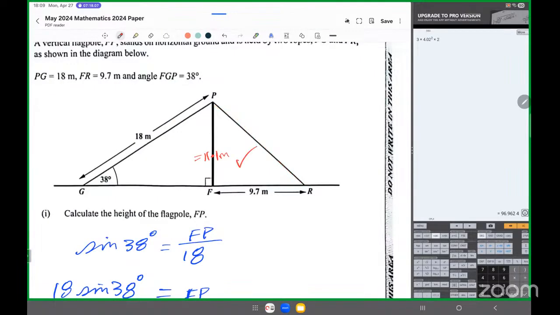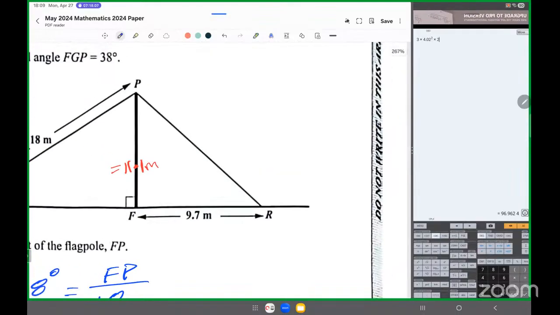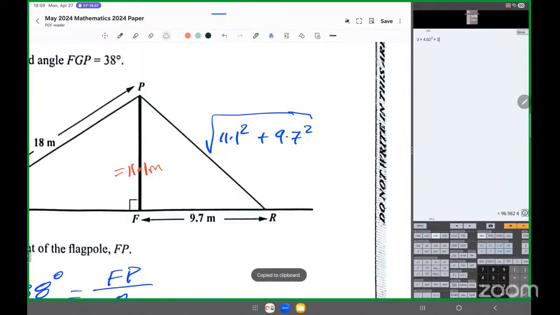It's a right angle triangle where we know two sides, so we're going to use Pythagoras theorem to find that side. So this length of rope is going to be the square root of this side squared plus that side squared. So it's going to be 11.1 squared plus 9.7 squared. That's Pythagoras theorem. You must know it by now. All right? That's what we're going to be using.